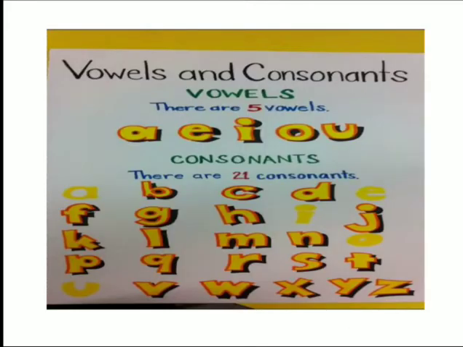Once again we recall, there are 5 vowels: A, E, I, O and U. And the rest of the letters are consonants. So there are 21 consonants.